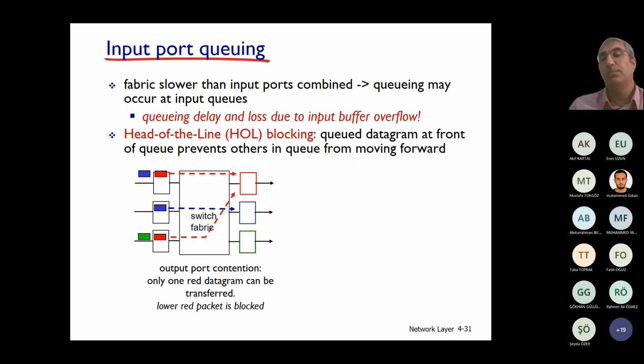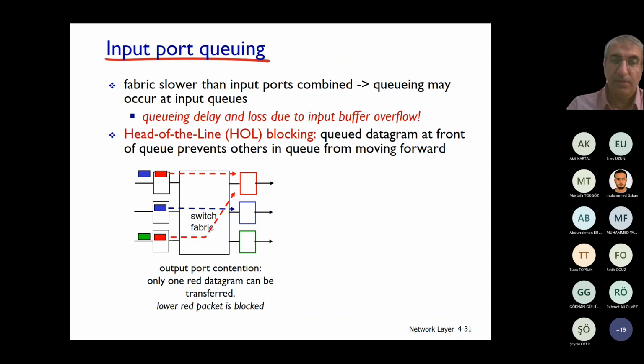There is also an issue related to queuing. If the fabric is slower than the input ports combined, queuing may occur at the input queues. So queuing does not only happen at the output, it can also happen at the input port, if the switching rate is slower than the input arrival rate.